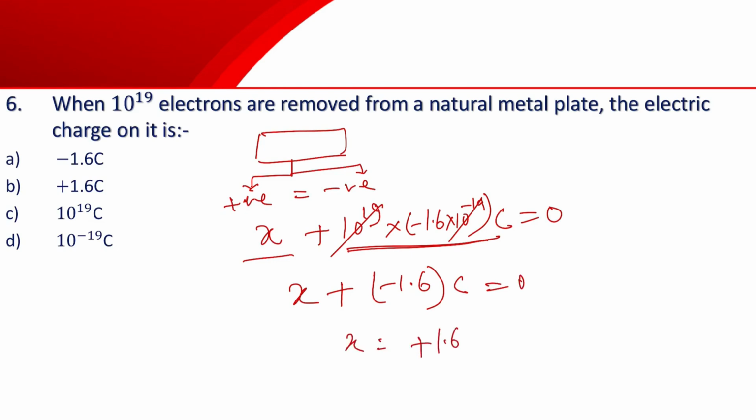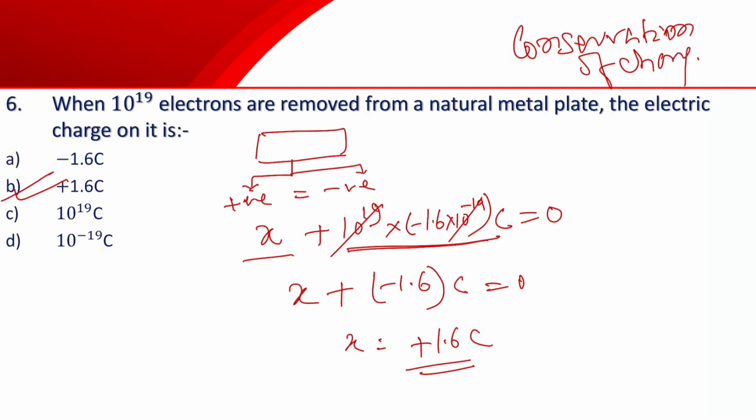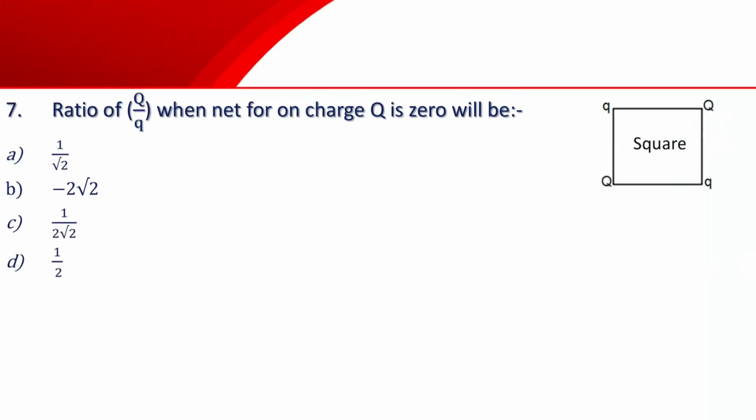From that we can find x equals plus 1.6 coulomb. So the answer will be B, plus 1.6 coulomb. In this question, the concept involved is conservation of charges.